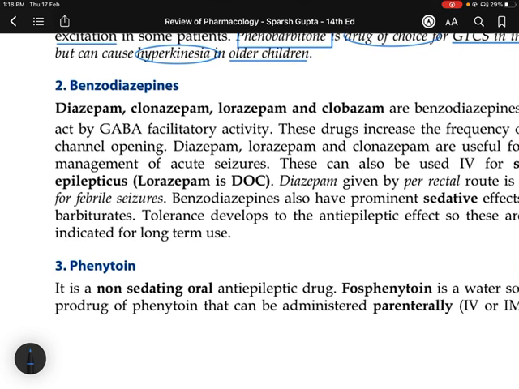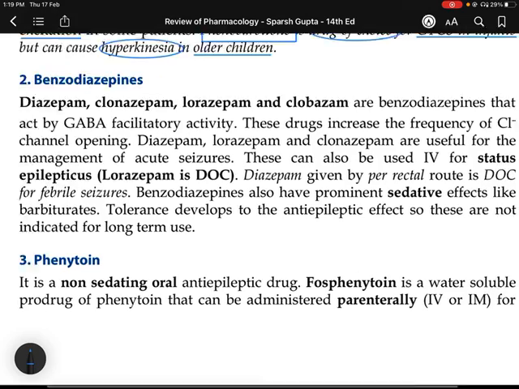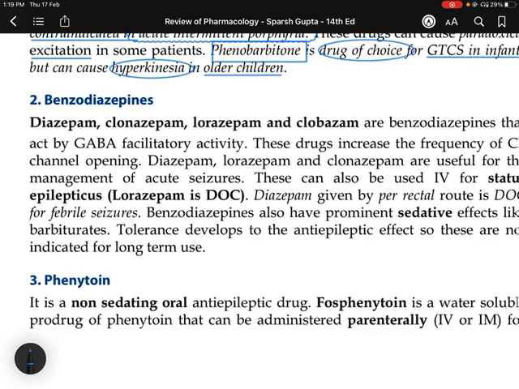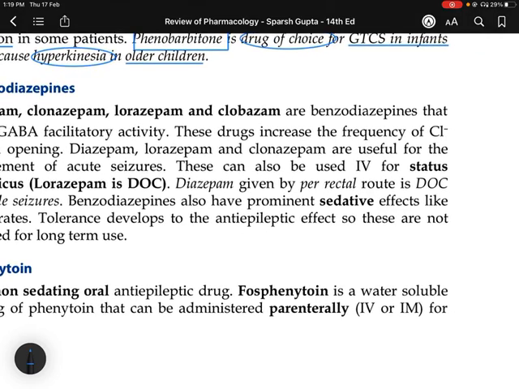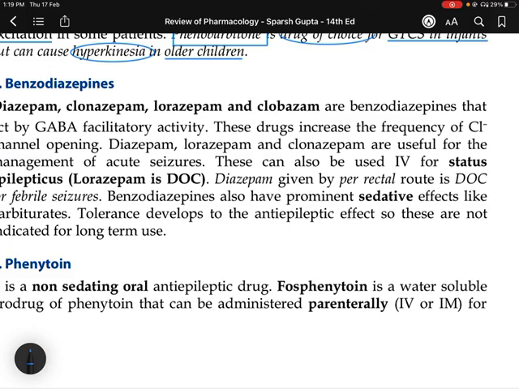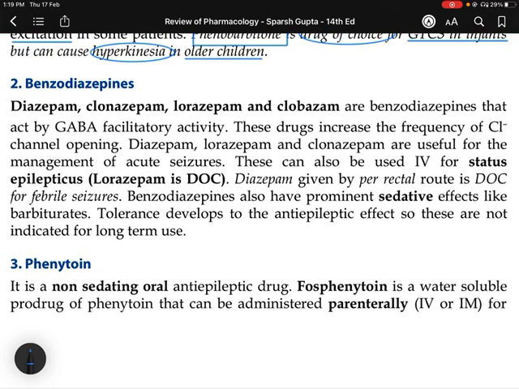Okay. Now benzodiazepines, BZD. Diazepam, clonazepam, lorazepam, clobazam, they're all benzodiazepines that we know. They act by GABA facilitatory activity, and these drugs increase the frequency of chloride channel opening. Diazepam, lorazepam and clonazepam are useful for the management of acute seizures.